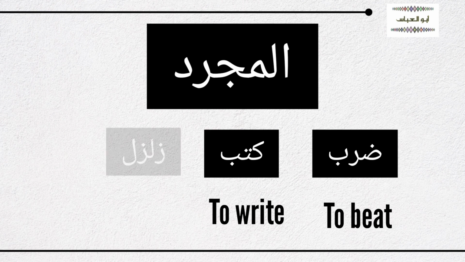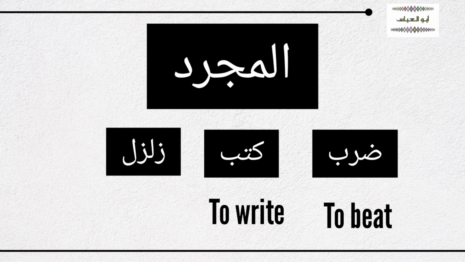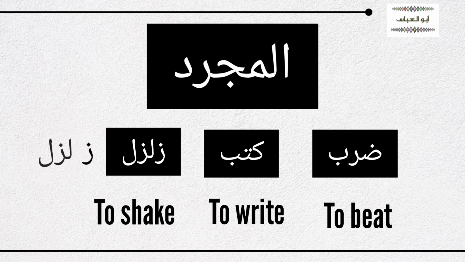Another example is zalzala. Zalzala means to shake something. If I take off the first zai, I have lam, zai, and lam. The meaning is obviously lost. If I take off the first lam, it's still lost.